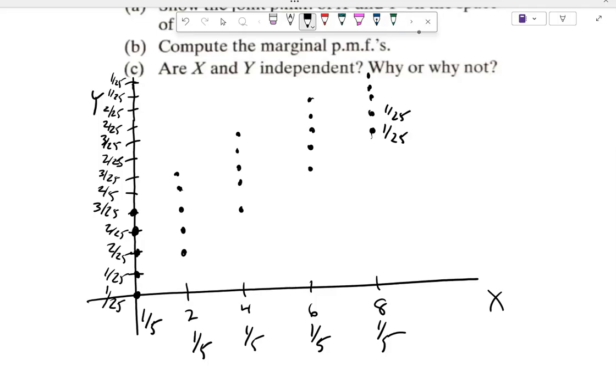All right, last one. Independent. Let's think about how we check if something is independent. Back when we first started learning about probability, when you did independent events, you did the probability of x and y, or a and b, how did you rewrite it if they were independent?